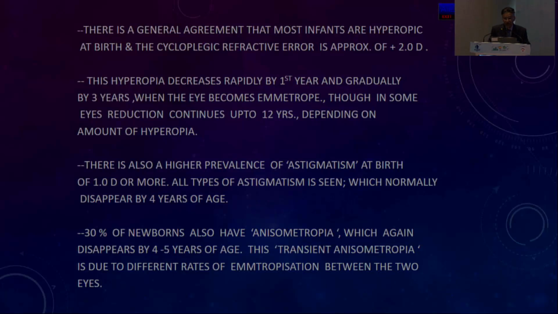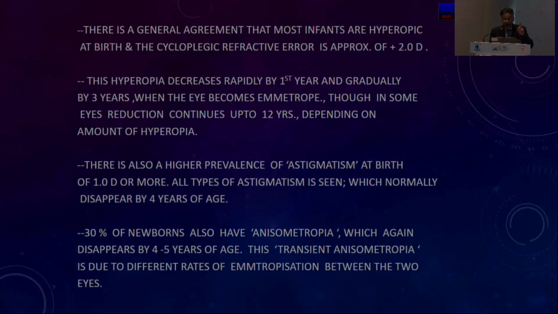Though in some eyes the reduction continues up to 12 years because there is still 0.3 millimeter of eye which keeps on elongating after 7 years, up to 12 years. Normally 23.4, 23.5 becomes 23.8, the natural emmetrope we have, so it may be up to 12 years.